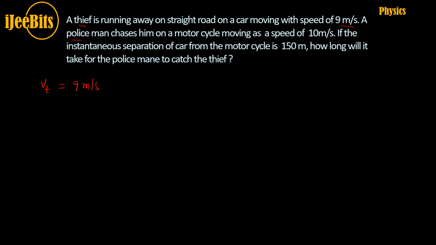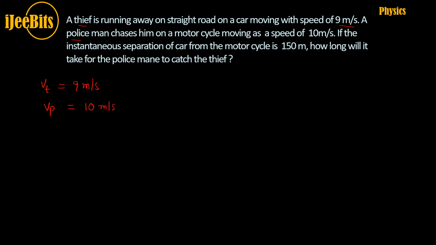So let's see VP, velocity of the policeman, is 10 meters per second. One thing is interesting. Since the policeman's velocity is a little higher than the thief's, I'm sure the policeman is going to catch him, right? Another interesting point is that two velocities are given. That means this is probably a relative velocity story.